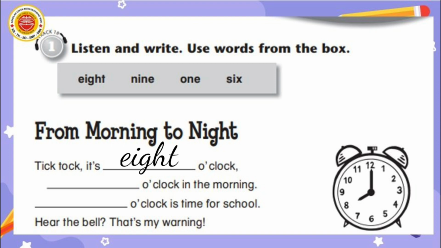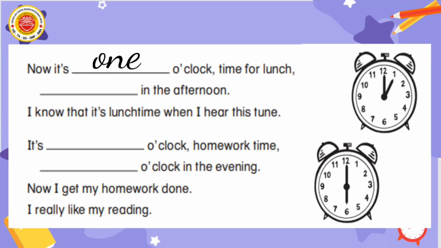Tick-tock, it's 8 o'clock. 8 o'clock in the morning. 8 o'clock, it's time for school. Hear the bell? That's my warning. Now it's 1 o'clock. Time for lunch. 1 in the afternoon. I know that it's lunchtime when I hear this tune. It's 6 o'clock.